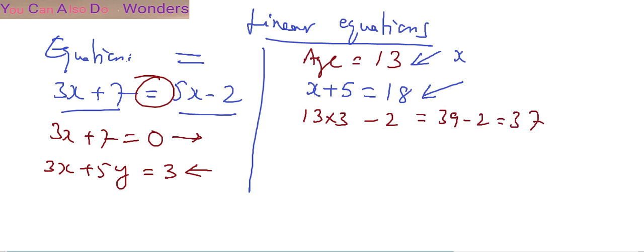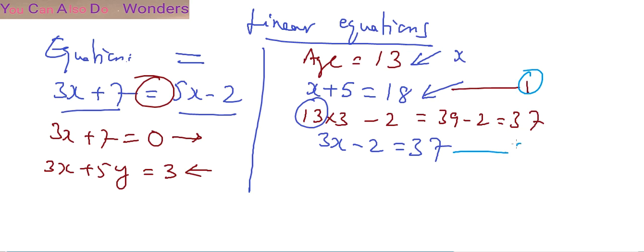Same student can express his age in this way, where x is his age. So 3x minus 2 equal to 37. This is another equation. This is equation 1, this is equation 2. Same age, x is equal to 13, is represented by these two equations.